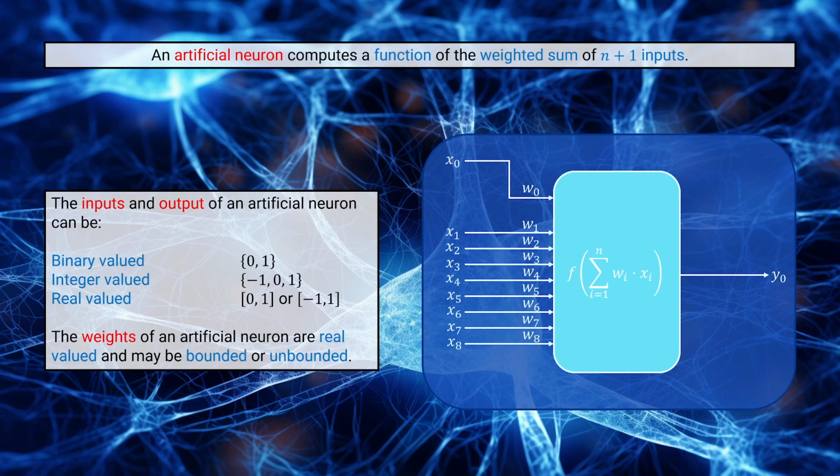There are a few different kinds of artificial neurons. We're going to look at a very common variant that is present in many artificial neural networks. So what we're going to look at today is a standard definition of an artificial neuron.